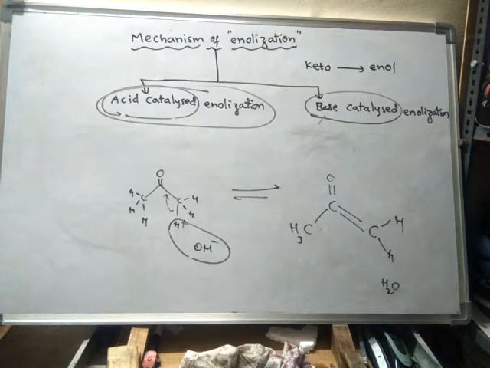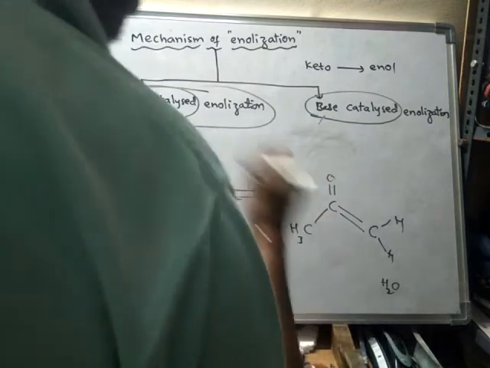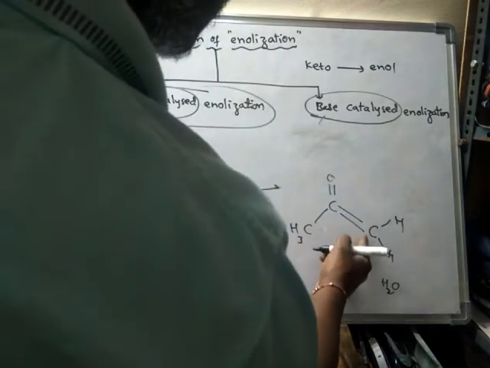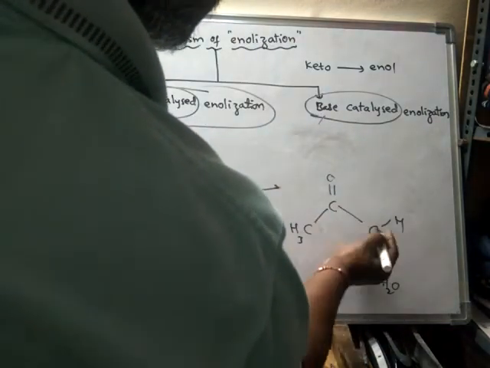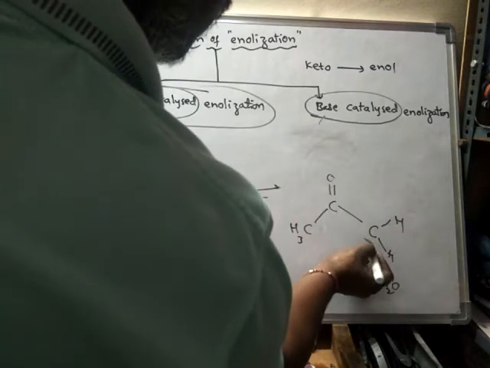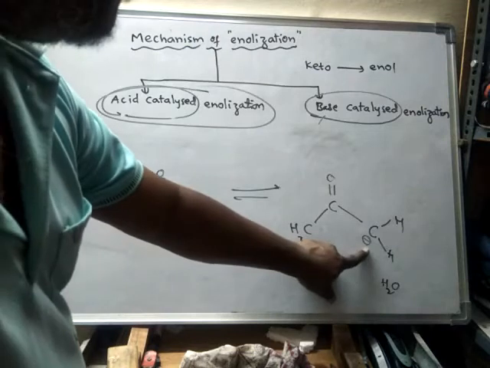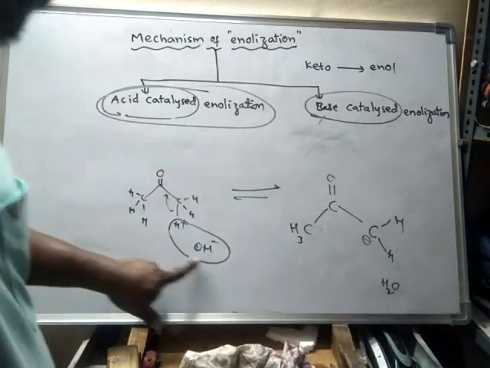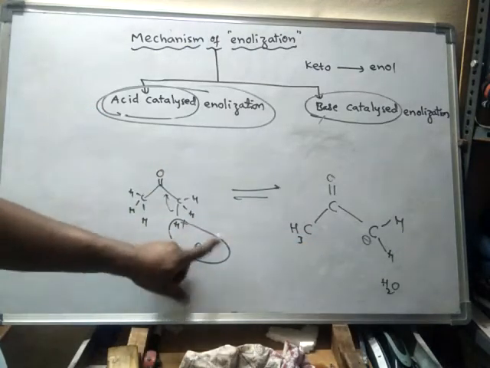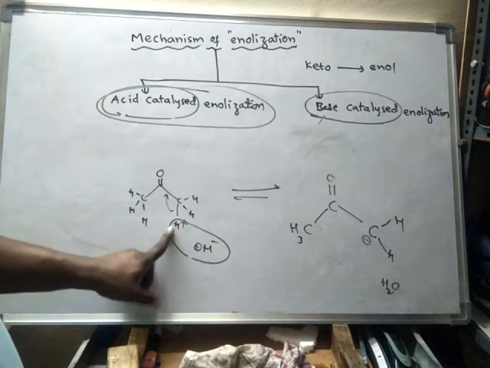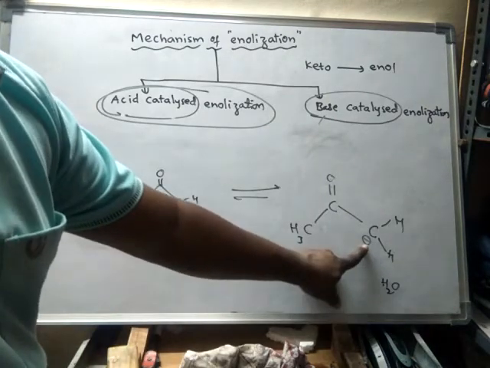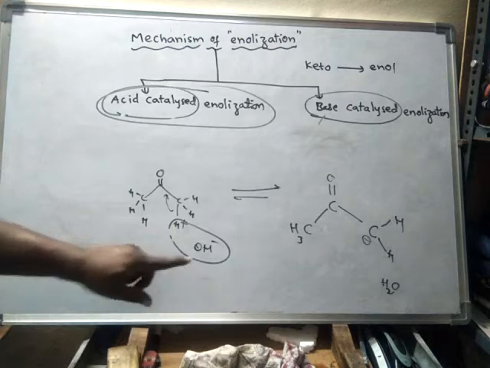Slowly, now here what happened? Here a negative charge is left over. This is called the enolate ion. If it loses its hydrogen to this OH group, this is converted into water. Now the negative charge is left over because the H plus ion is lost.